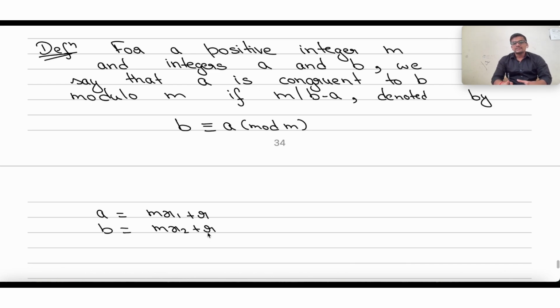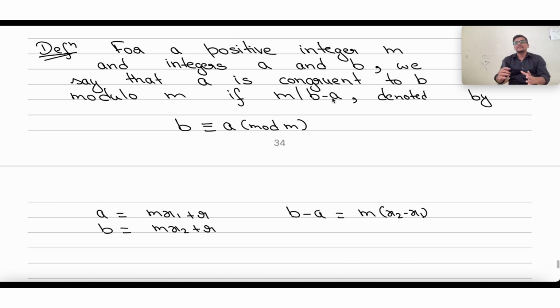Why? Because a and b give the same remainder. That's why I have written r here, and each has some quotient. So this is by the remainder theorem, right? Now what will come? b minus a.